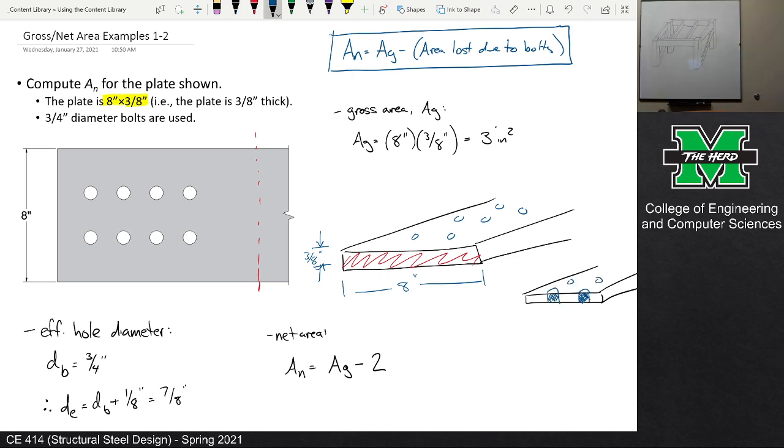When you go through that section, you're seeing the diameter of the hole times the thickness. That's what you're seeing, okay? So it is 3 square inches minus 2 times 7/8 times 3/8. So what is the net area of this plate? .34 square inches. Do I have a second on that?